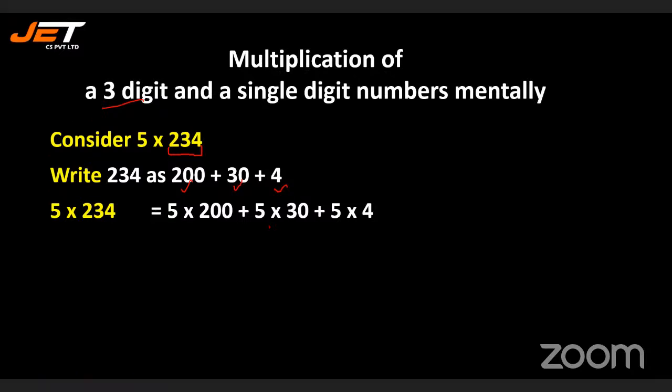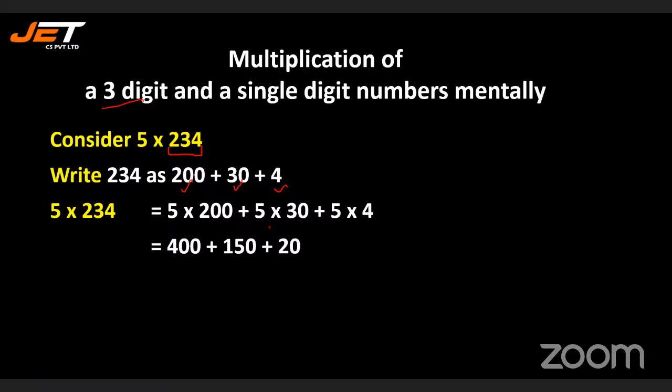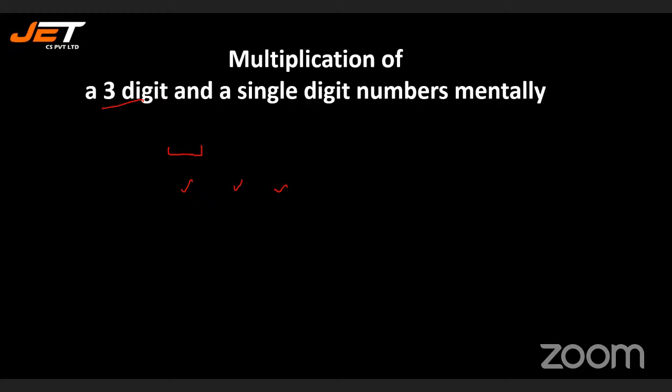So 5 times 200, 5 twos are 10, so 1000. 5 times 30 is 150. 5 times 4 is 20. Hold on, just a moment. All right. I hope you are able to see now.